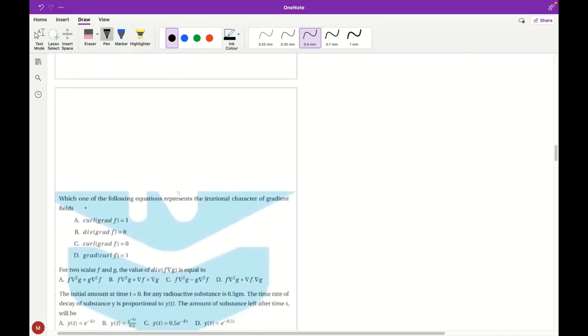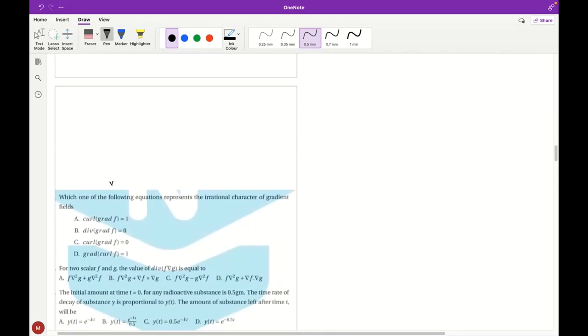Now come to another question. This question is again from vectors. Here is a famous result that curl of gradient of f equal to 0, and another result is divergence of curl of F equal to 0. So from these results our option C is correct.